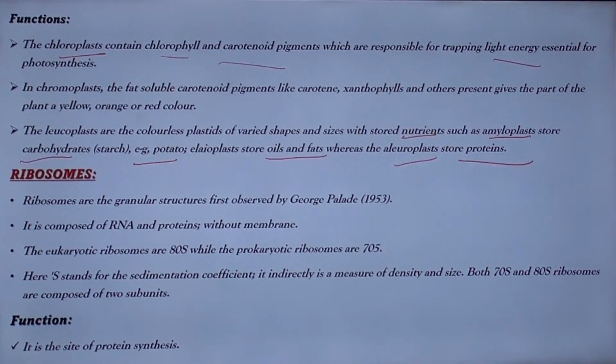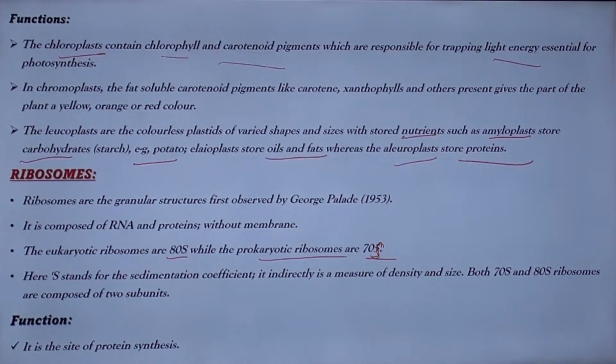Eukaryotic ribosomes are 80S, whereas prokaryotic ribosomes are 70S. This S stands for sedimentation coefficient. I already told you yesterday about this sedimentation rate. In a centrifuge, it is the timing. So for prokaryotic ribosomes it is 70 Svedberg units, and in eukaryotes 80 Svedberg units.